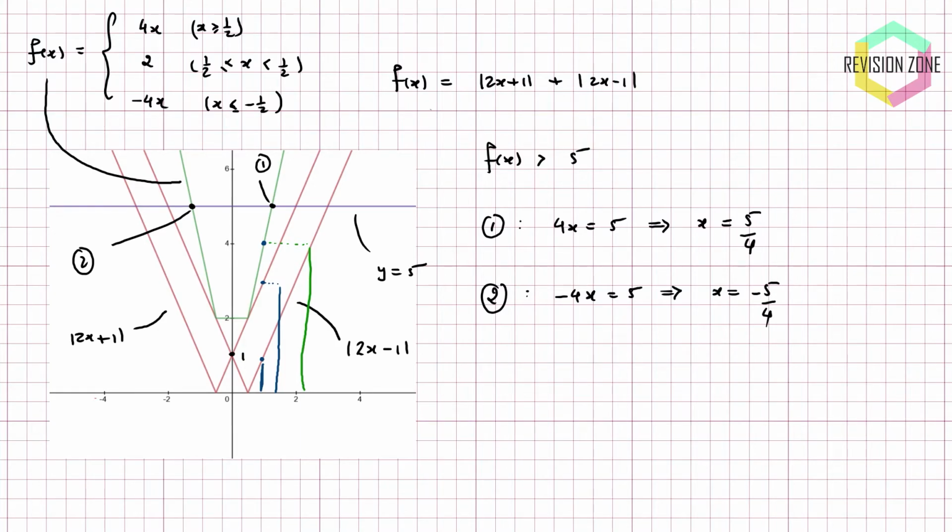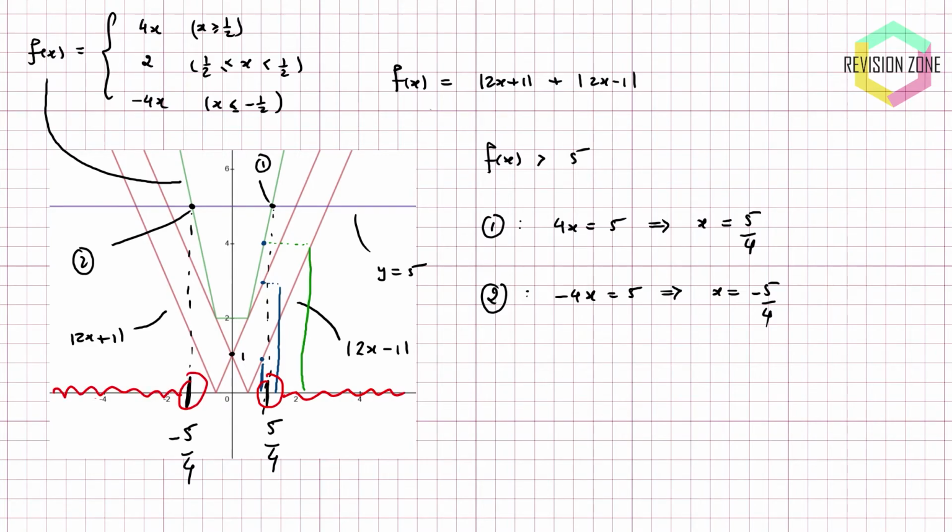So if I come down, this is getting a bit messy now, we've managed to figure out that this point there is going to be 5 over 4, and the corresponding point on the left is going to be, again, let me mark it, minus 5 over 4. So visually, we can just know that our solution is going to be this entire region here and this entire region here.